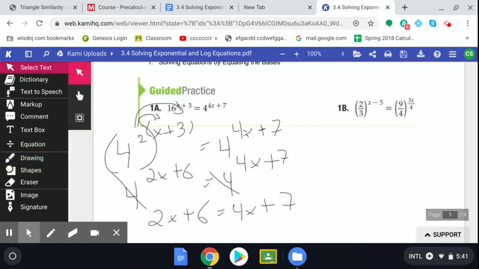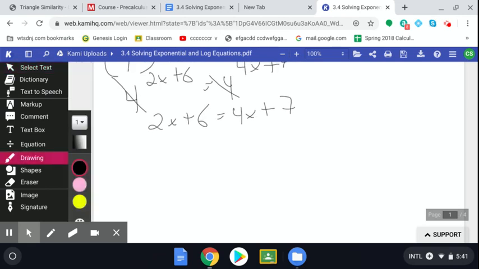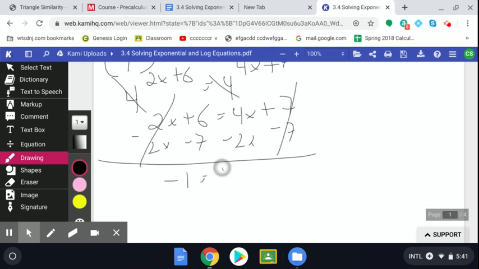Now I can just solve, and I can say that negative 1 is equal to 2x, or x is equal to negative 1/2.